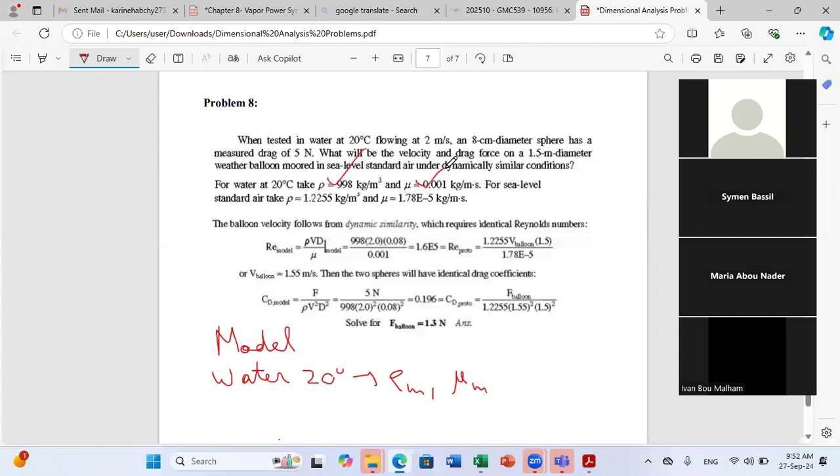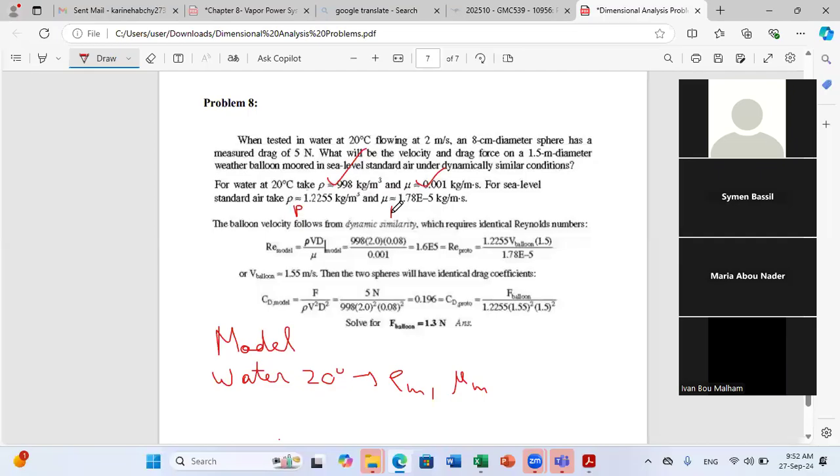While for the prototype, they gave us the condition of standard air at sea level. So these are rho prototype and mu prototype. So we know the characteristics of our fluids in both model and prototype.